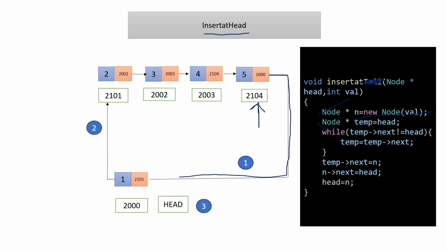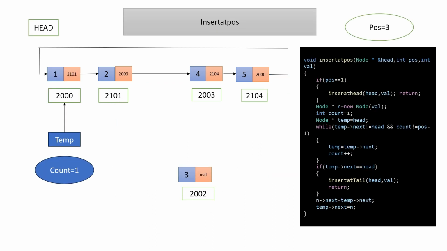We take this step first because in our circular linked list, our last node points to the head. Then our new node's next will point to the head, and then we place it here, and we say that our head is our new node now. So this is how insertion at head goes.